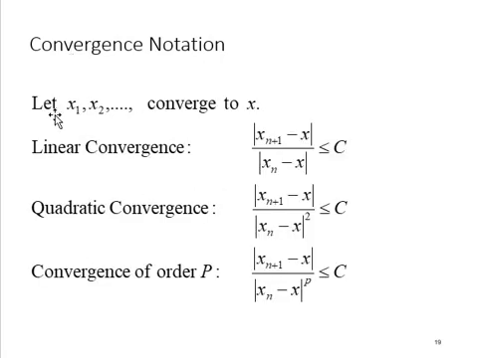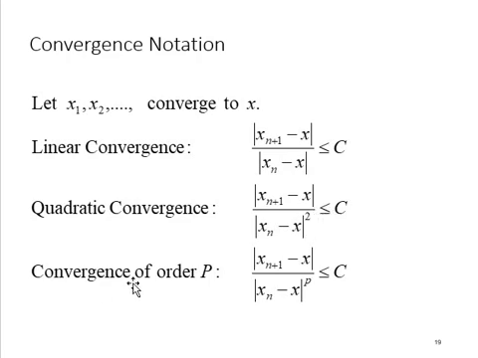So if you are given a sequence x1 up to infinity converging to x, you have got linear convergence, which is given by the absolute value of xn plus 1 minus x over the absolute value of xn minus x being less than or equal to c. Quadratic convergence: xn plus 1 minus x over xn minus x, everything squared.